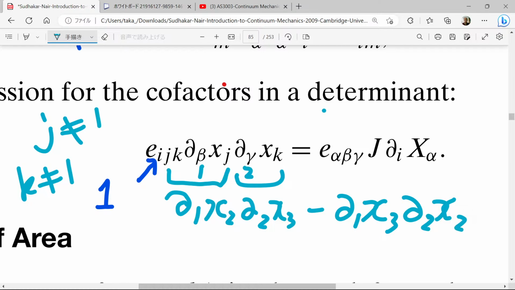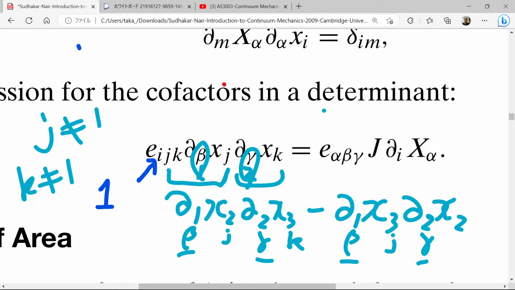And see, this is beta, gamma, beta, gamma. So it always has beta equal 1, gamma equal 2. But J and K can be 2 or 3. So this is J, K, J, K. Then this sign comes from epsilon 1, 3, 2. This is minus 1.